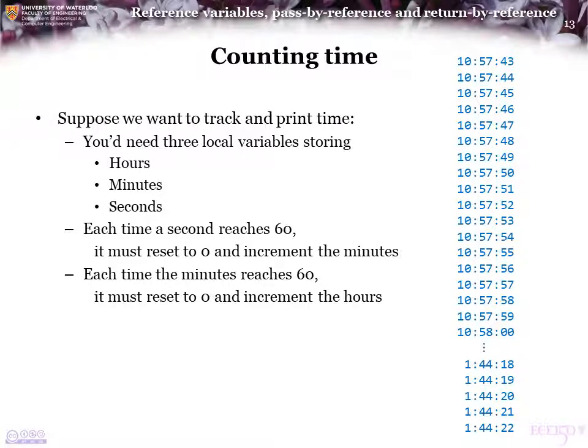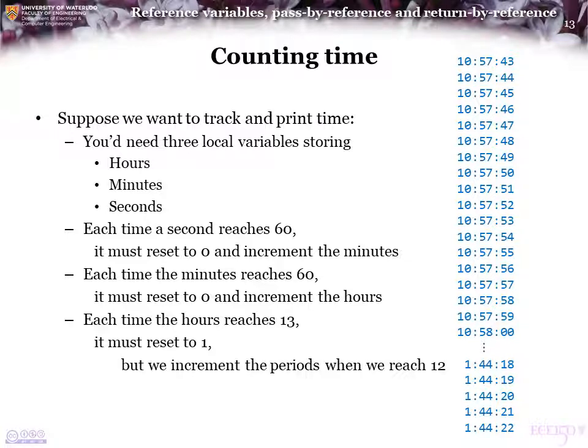Each time the minutes reaches 60, we must reset that to 0 and increment the number of hours that have passed. Each time the hours reaches 13, we have to reset that local variable to 1. However, we have to increment the number of periods when we reach 12 because there are 2 periods in one day.